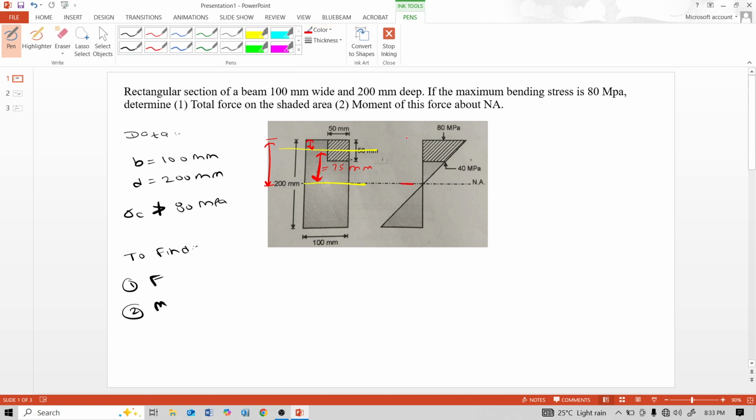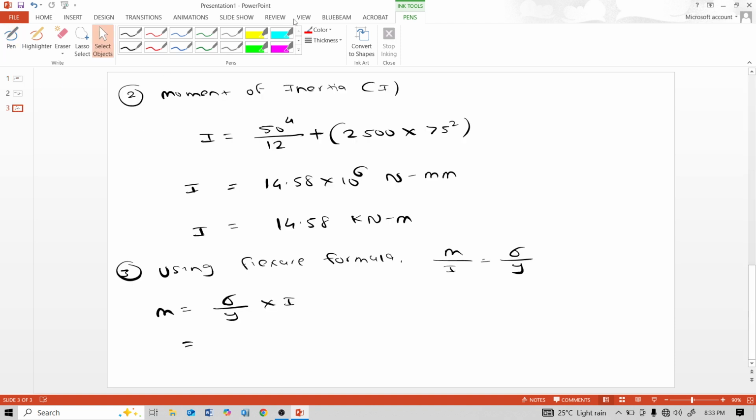This y is 200 by 2, 100 mm, and maximum sigma is 80 MPa. That means 80 divided by 100 multiplied by 14.58 into 10 raised to 6. This value is in Newton mm.